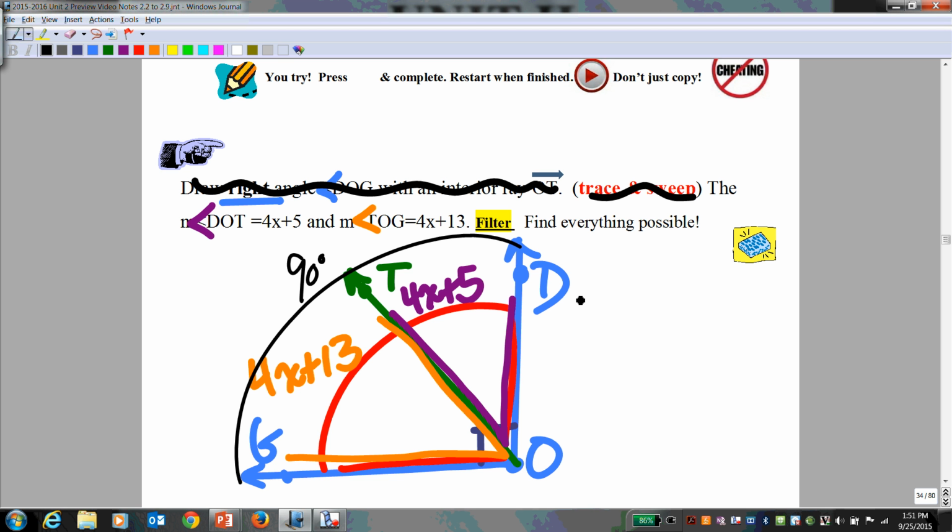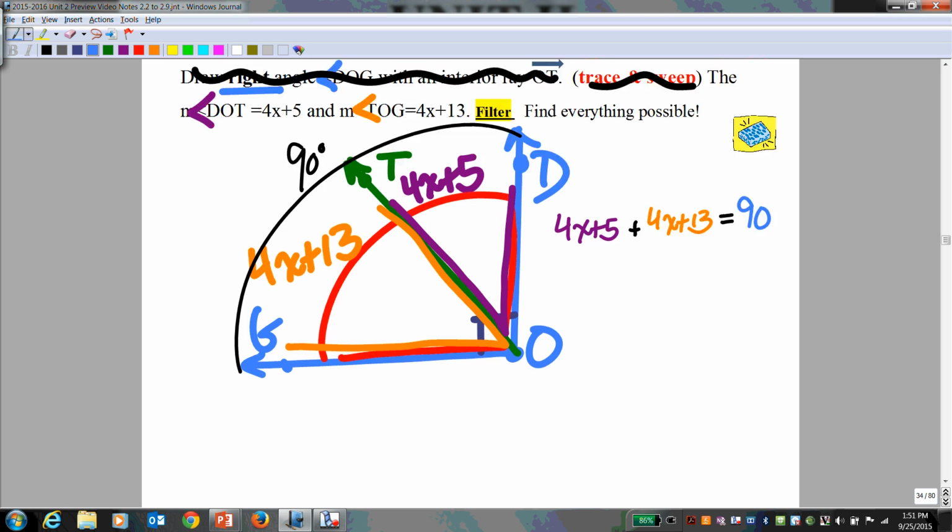So you should have had 4x plus 5 plus 4x plus 13 equals 90. And we solve. We collect like terms. And solve.